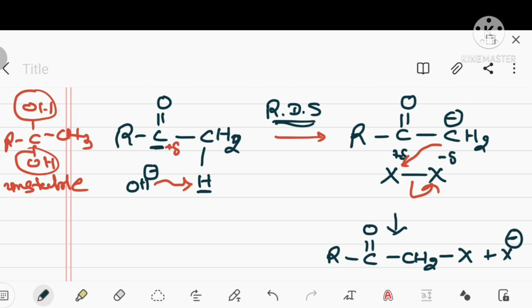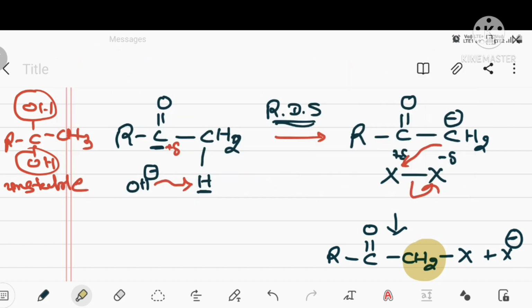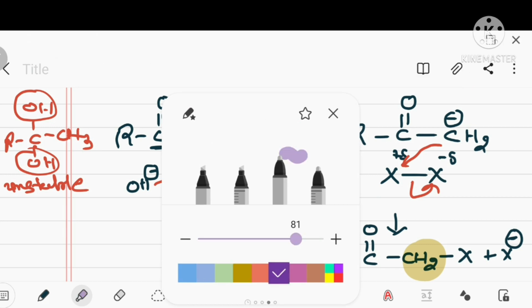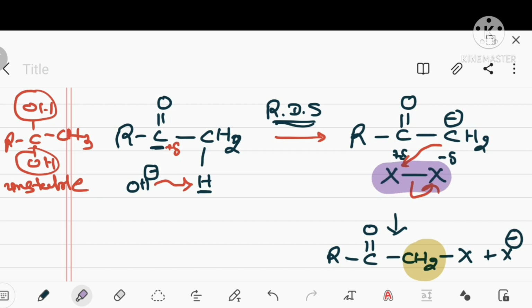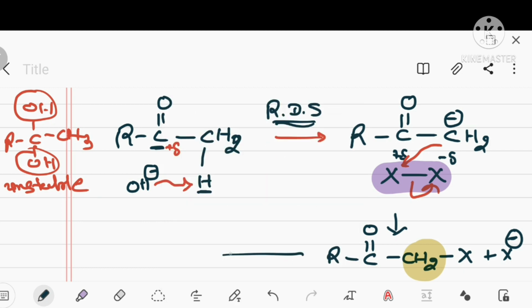Now, this kind of step is continuously repeating twice, because you know that there are two alpha hydrogens in the species. You can observe that there are two alpha hydrogens in this species. So due to that, the two alpha hydrogens again react with this kind of halogen, and the same reaction is repeating twice.